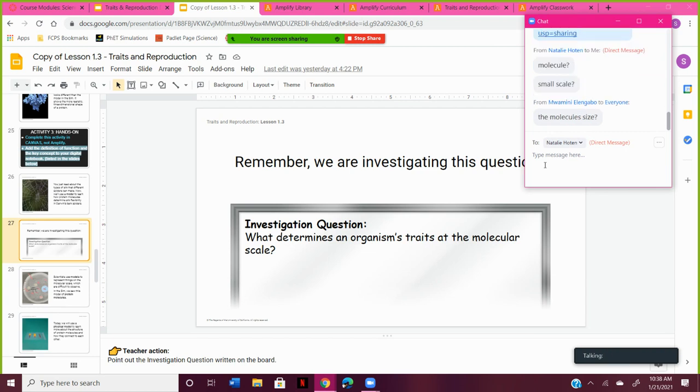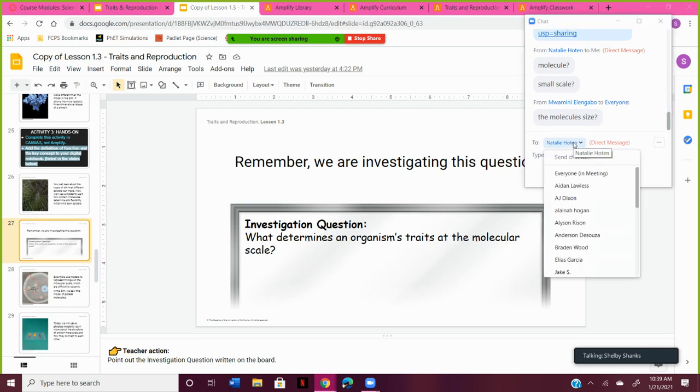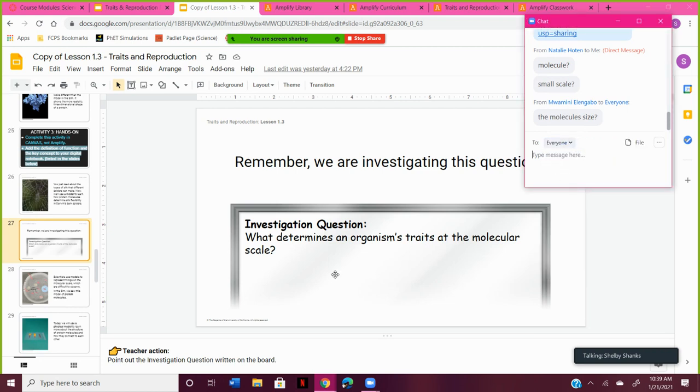Momini said the molecule size, and Natalie said a small scale. Okay, good. So we know that molecules are really small, and so molecules and molecular have something in common, right? Even their wording. So we can assume that that is a small size. So we're looking at an organism's trait at a smaller scale. Okay.